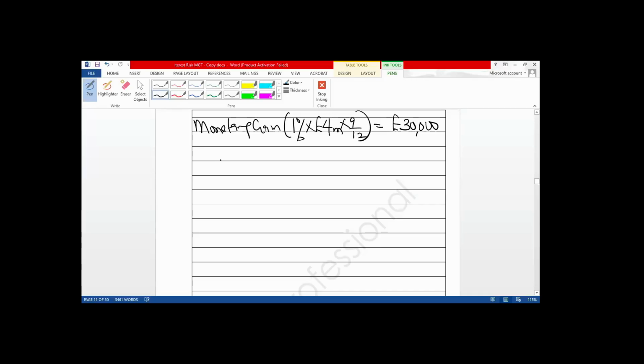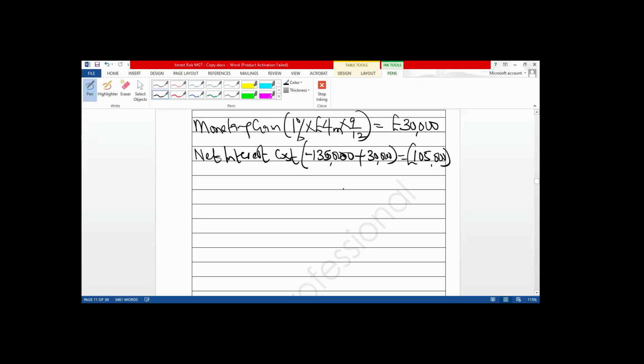Therefore, your net interest cost is equal to, you are going to pay 135,000, then less the 30,000 gain. Your interest cost becomes 105,000.